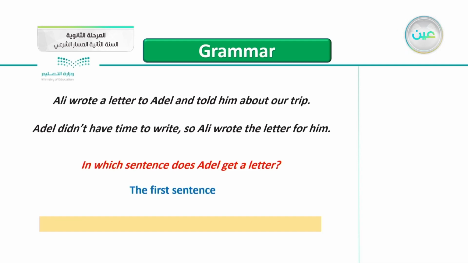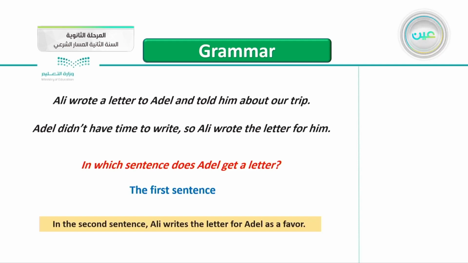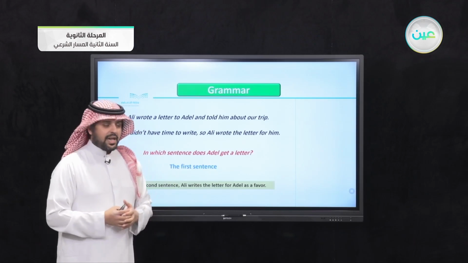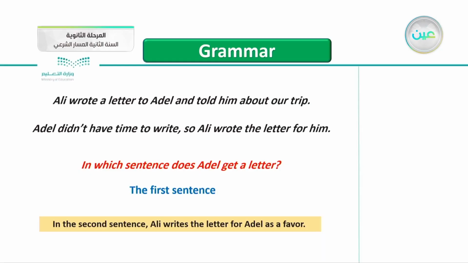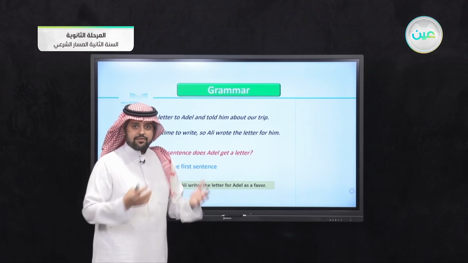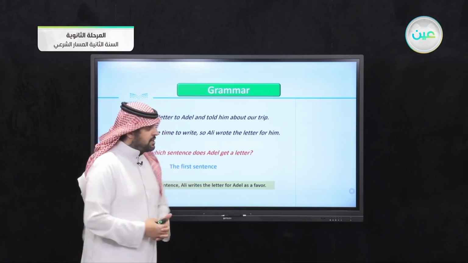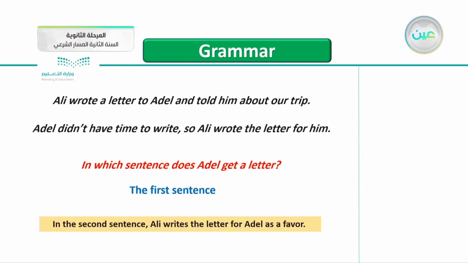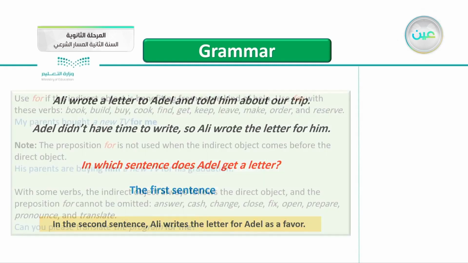The letter was sent to Adil and told him about our trip. In the second sentence, Ali writes the letter for Adil as a favor, because maybe Adil is busy, so he asked Ali to write the letter for him as a help, as a favor, instead of him. So this is the use of the preposition "for".